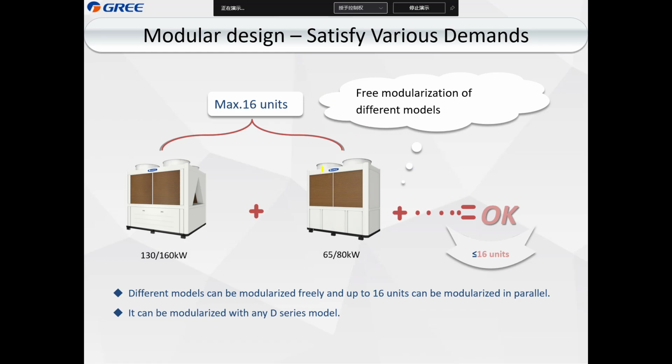This product can support modular design, maximum 16 units, free modularization of different models, maximum 16.